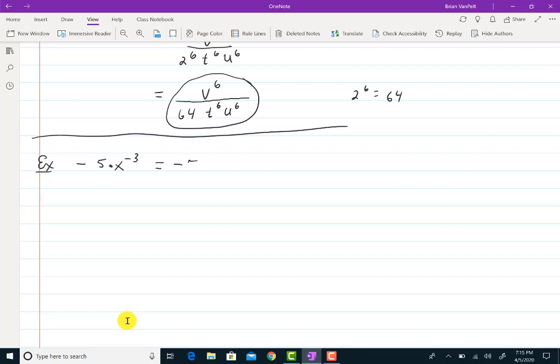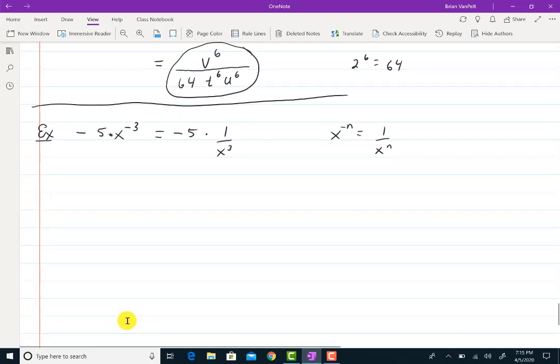Then that's like -5 times 1 over x to the 3rd. Here I use the rule that x to the -n is 1 over x to the n. But then if you think of the 5 as 5 over 1, then you'll end up with -5 over x to the 3rd.